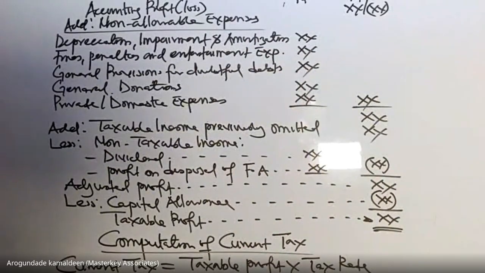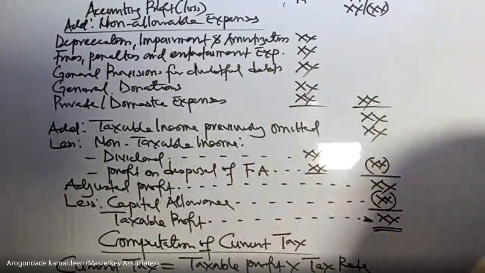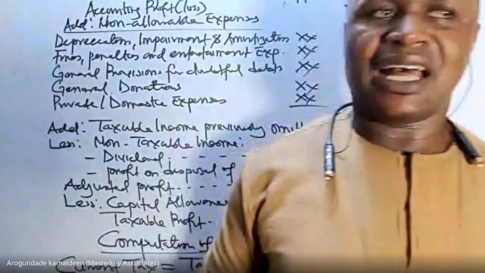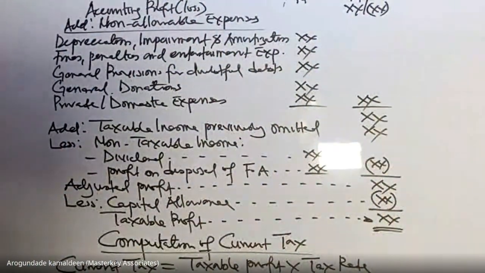Okay, question 17. Please, are we all there? Everybody, you need to understand how to compute the taxable profit and the current tax, because by next week we are coming to deferred tax, and I'll be taking questions that will cover all. So please, pay attention now.